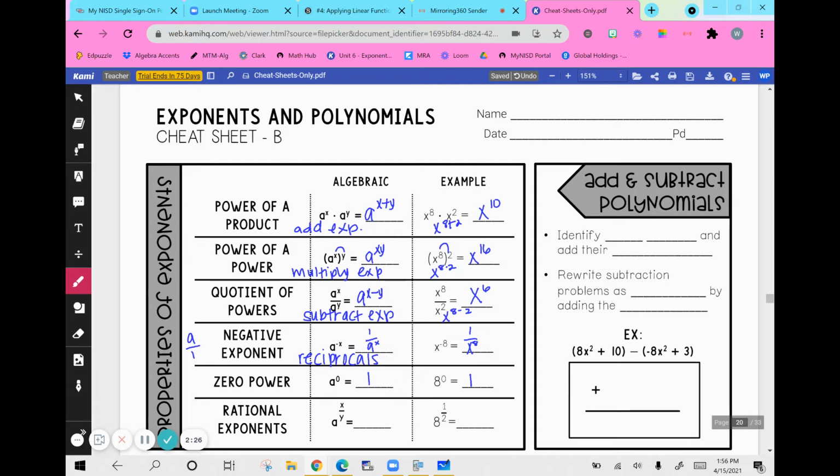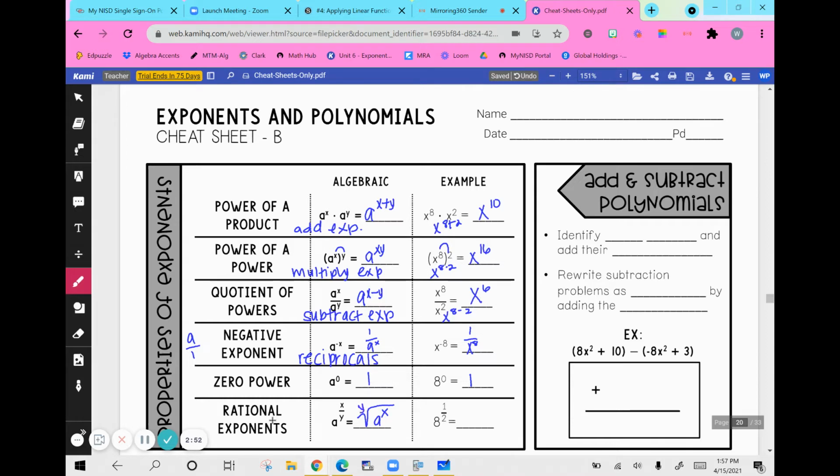And then rational exponents. So when you are taking the rational exponents, so it's a to a fraction, right? You take the numerator and that becomes, it's a to the x power. Whatever that numerator is going to go inside.